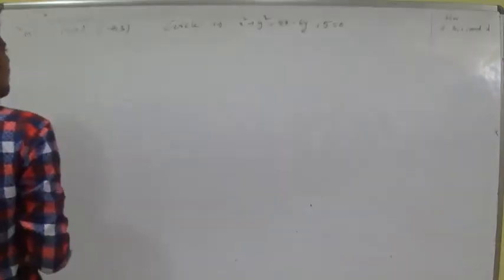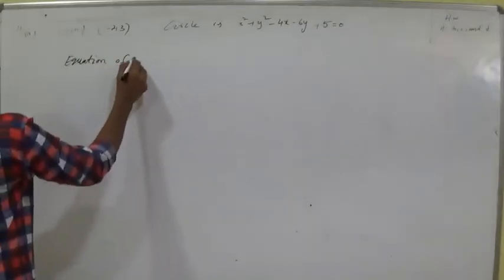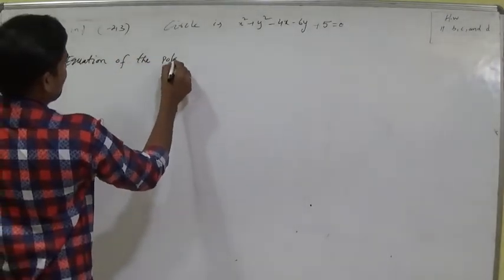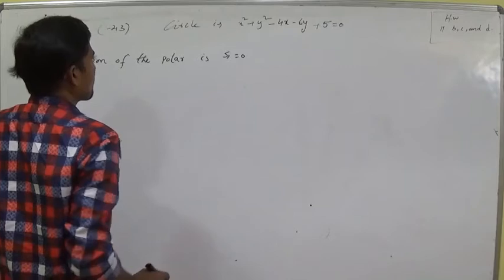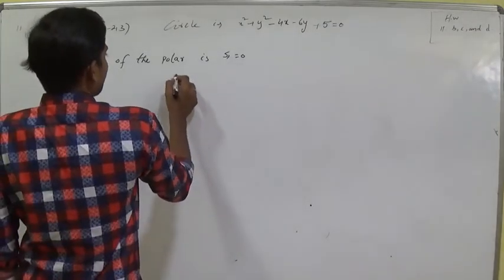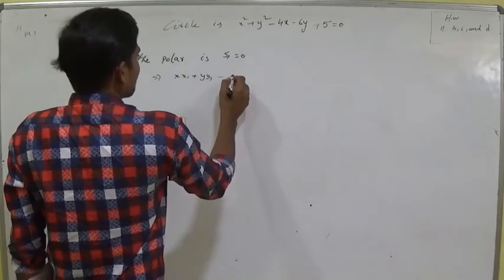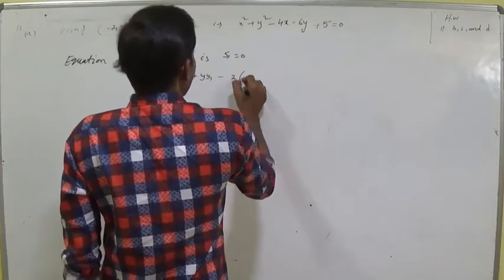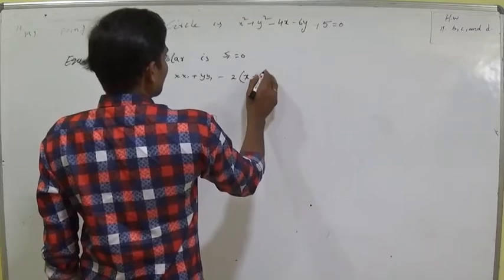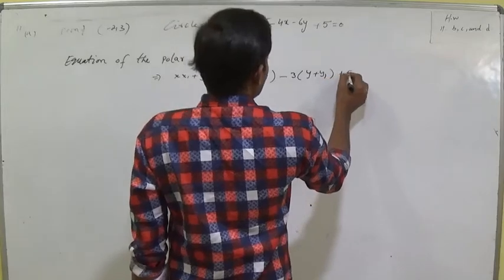So, the equation of the polar is S1 equal to 0. So, xx1 plus yy1 minus 2 into x plus x1 minus 3 into y plus y1 plus 5 equal to 0.